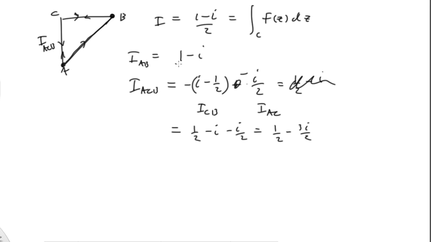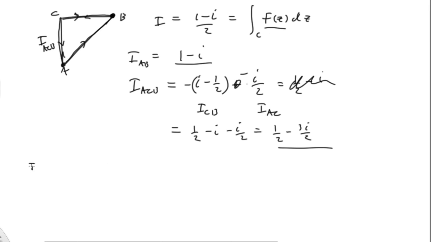So what we see here is the integral from A to B along this arc produced a 1 minus I result. But if I take a different path that leads to the same point, I got a different result. So this is an example of, at least with this particular function that we picked, f of z, we got two different results depending on path.